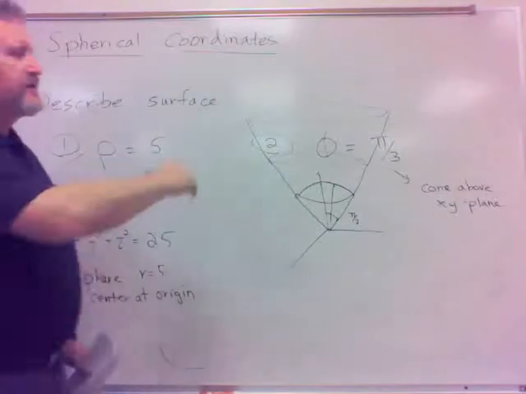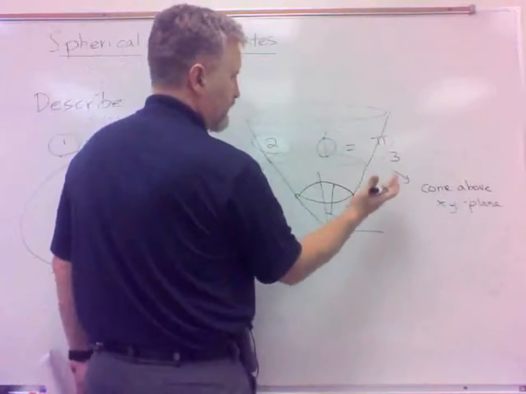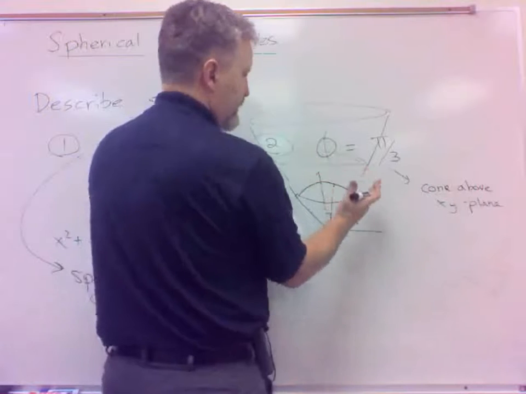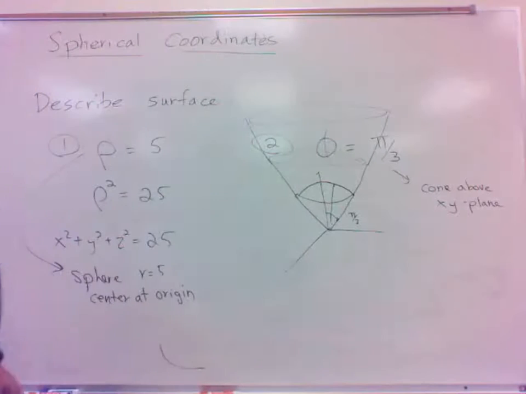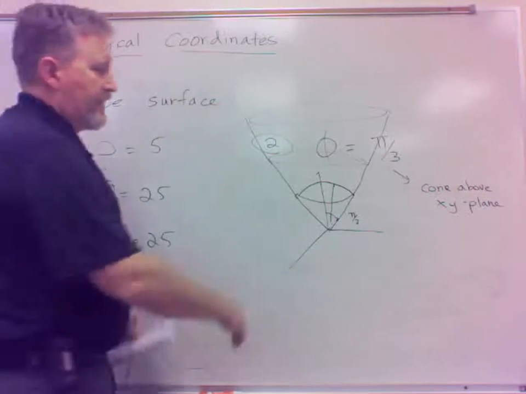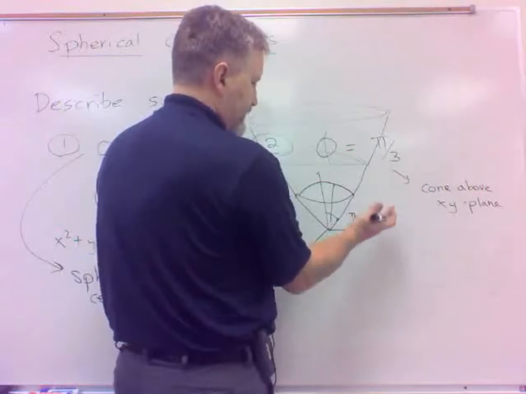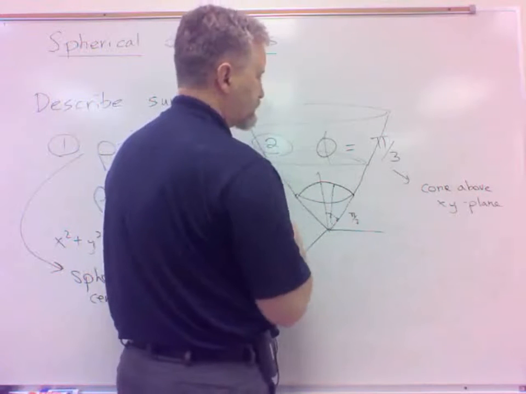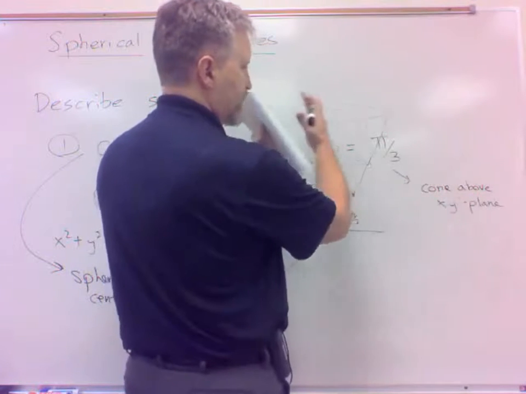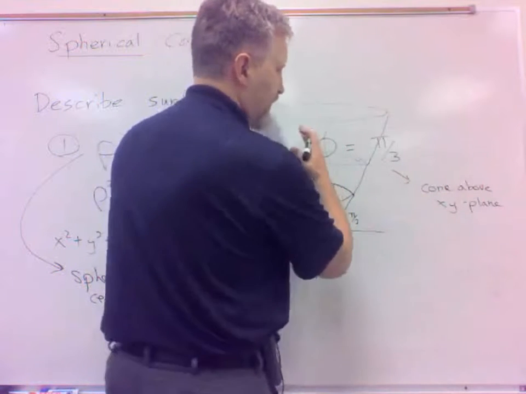If we change that to pi over 4, then it's going to be slightly narrower, or make it bigger than pi over 3. So you can make your cone as wide or as narrow as you want.